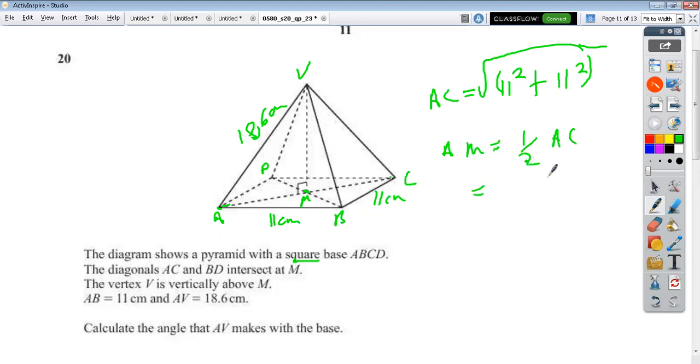So what is that? Quickly, what do you get? 15.6. 15.6 multiplied by half is AM. What do you get? 7.78.